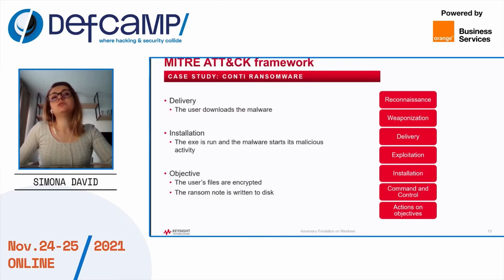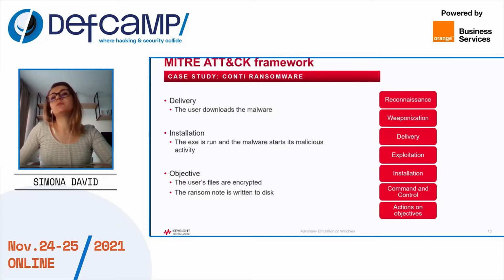These three stages, delivery, installation, and objective, are part of the Lockheed Martin Cyber Kill Chain represented on my slide on the right side. The first step is reconnaissance, where the attacker harvests information about the target. Next, we have weaponization, coupling exploit with backdoor into deliverable payload. Delivery.